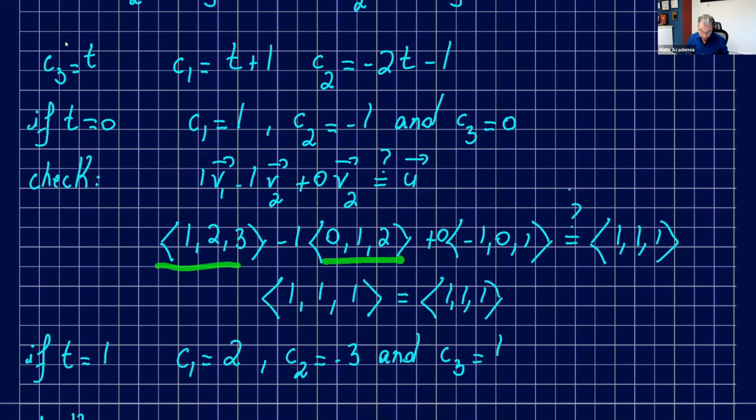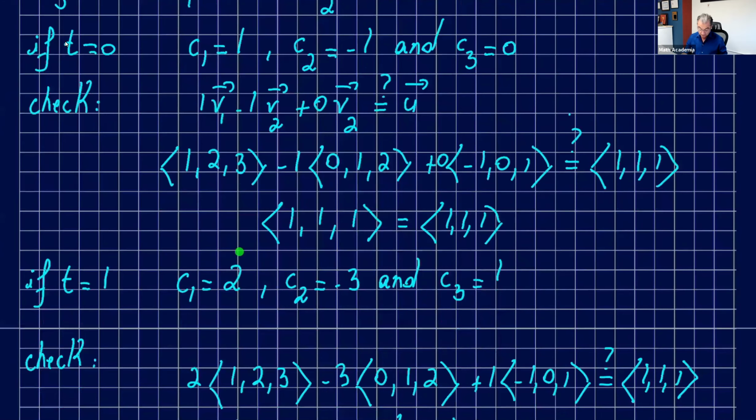Let's try one of them: 1 minus negative 1 times 0 is 0, and 0 times negative 1 is 0, so we're just left with 1. Next, 2 minus 1 is going to give you 1. And finally 3 minus 1 times 2 is going to give you 1. So what we get is 1, 1, 1.